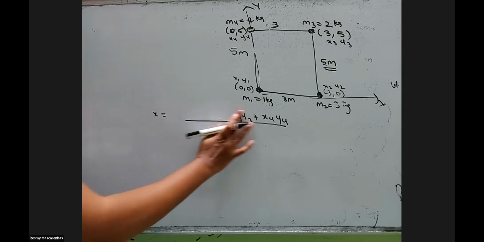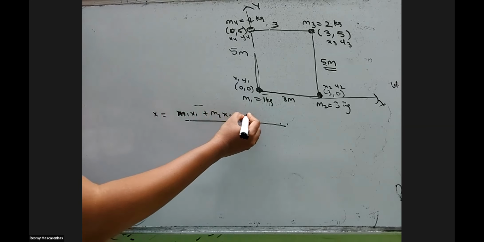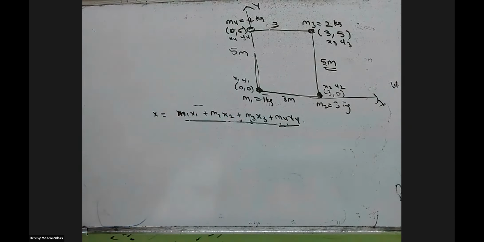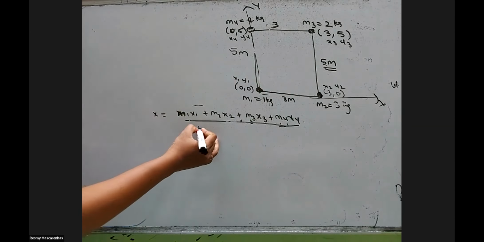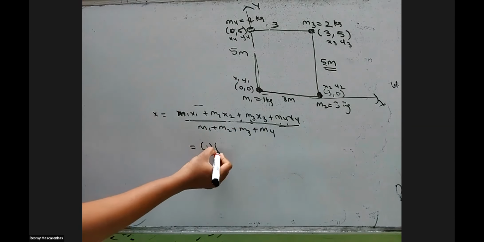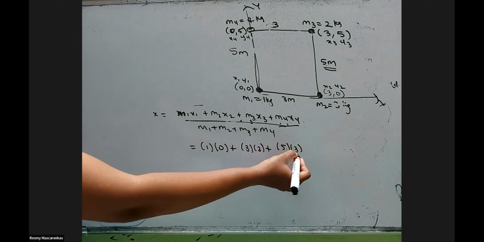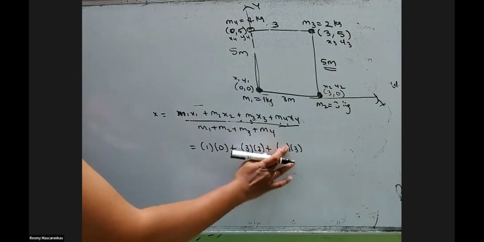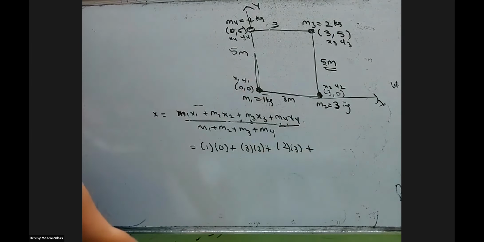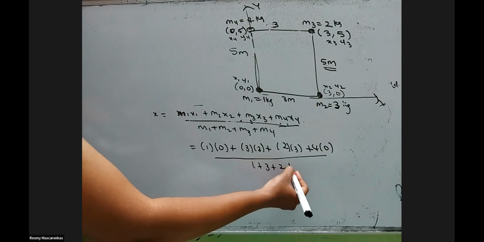Sorry, m1, x1, m2, x2, upon m1 plus m2 plus m3. 1 kg into 0, 3 kg into 3, sorry, 2 kg into 3, and 4 kg into 0. 1 kg, 3 kg, 2 kg, 4 kg.